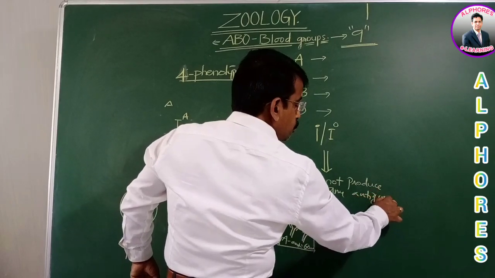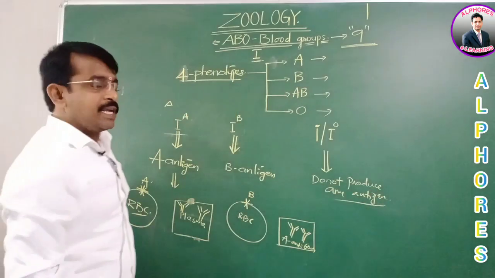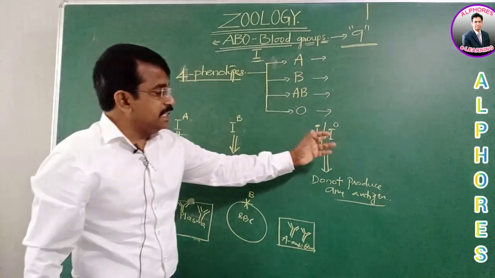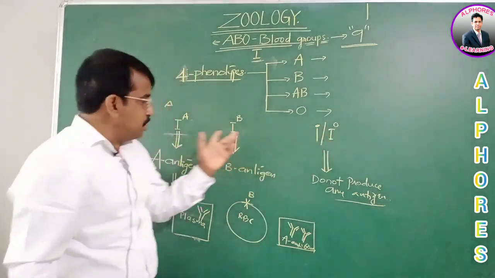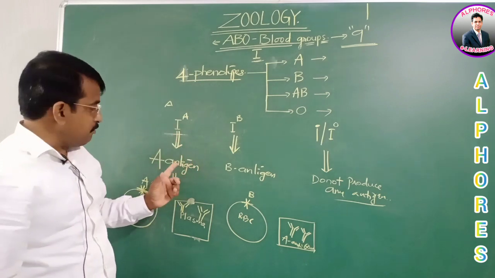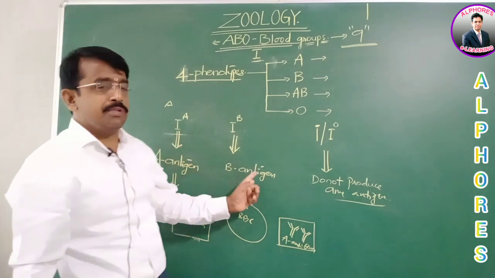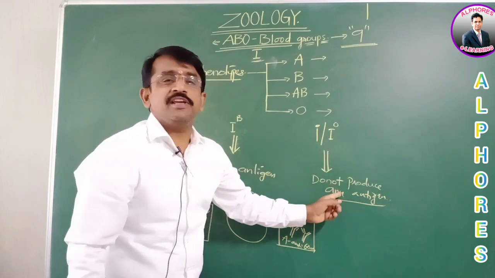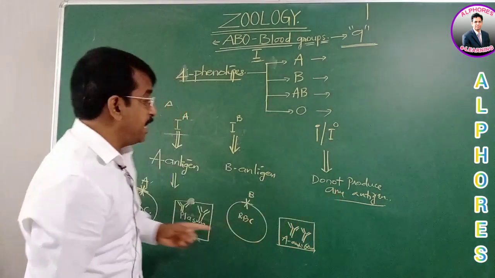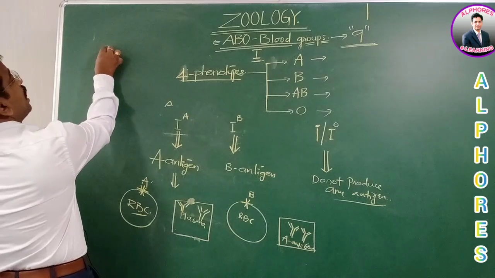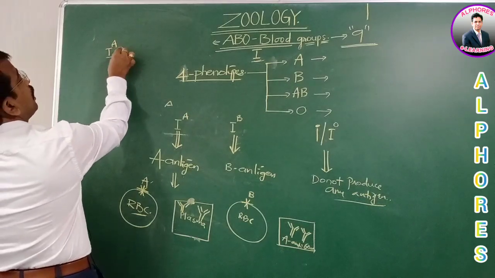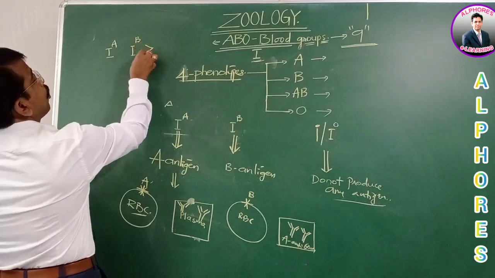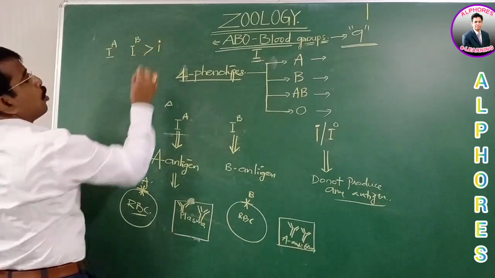So what do you come to know? These 2 alleles have a certain trait, and this doesn't. These 2 have the function of synthesis of A antigen and B antigen, whereas IO does not produce any antigen. That's the reason why IA and IB are dominant over IO.